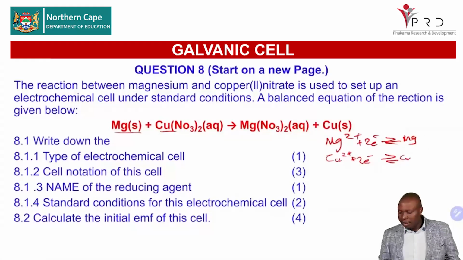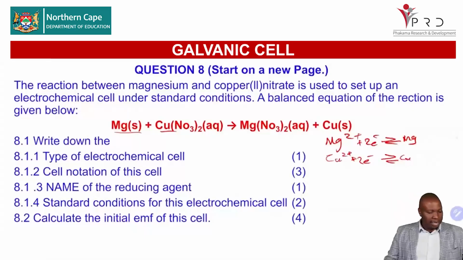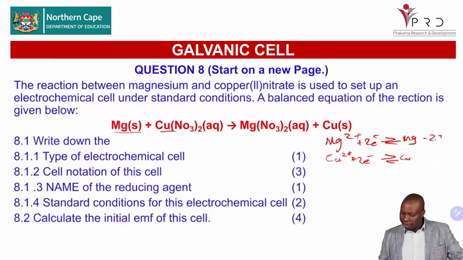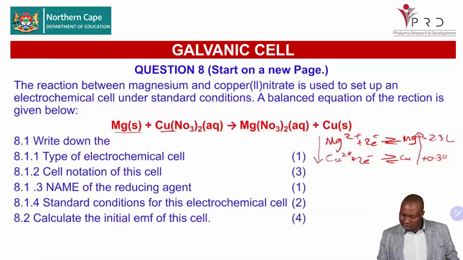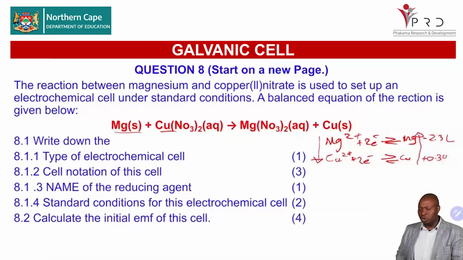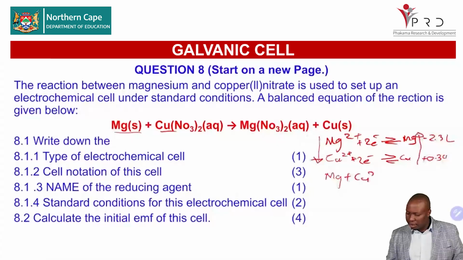Magnesium was negative 2,36 and copper is positive 0,34. Then you just follow the arrows. The arrow going upward on the right is for the reducing agent, and going downwards is for the oxidizing agent. So the reaction is between magnesium and copper 2+, forming magnesium 2+ and copper.